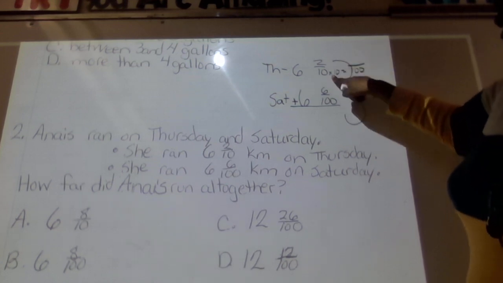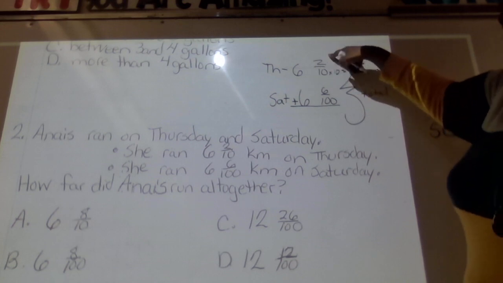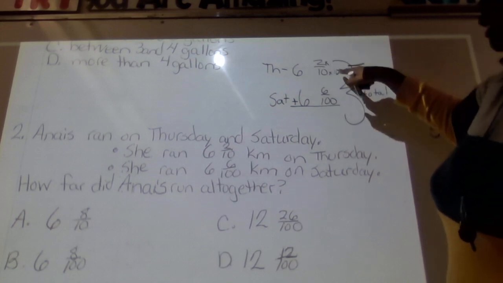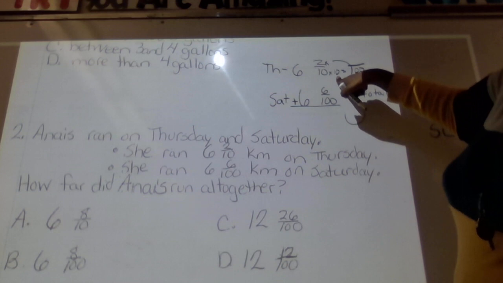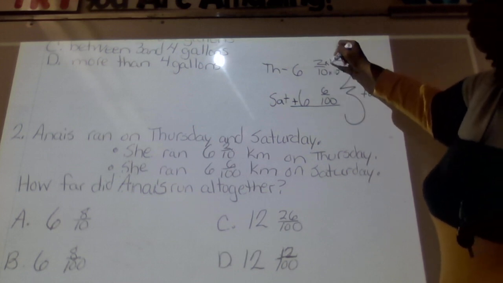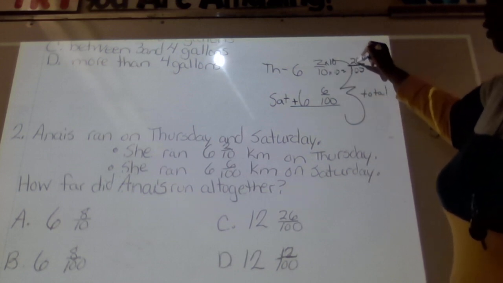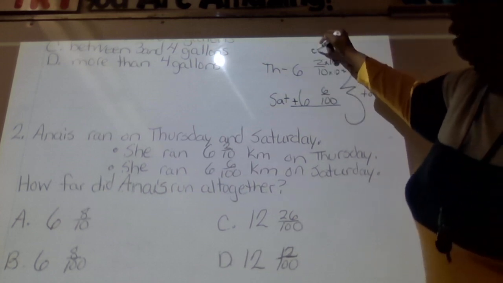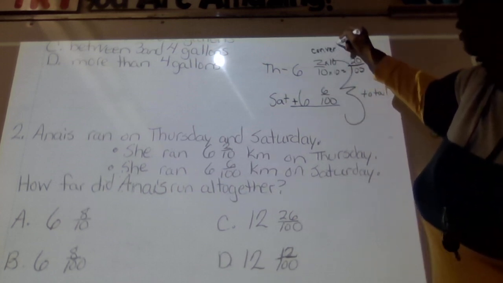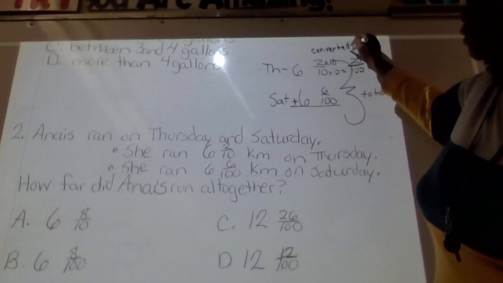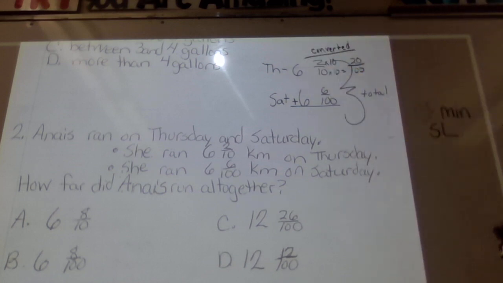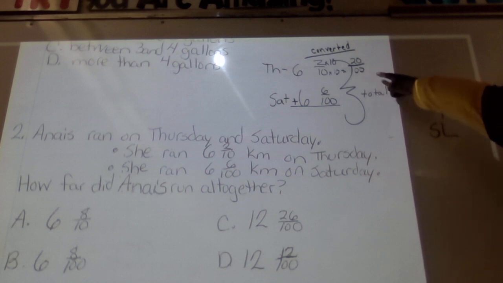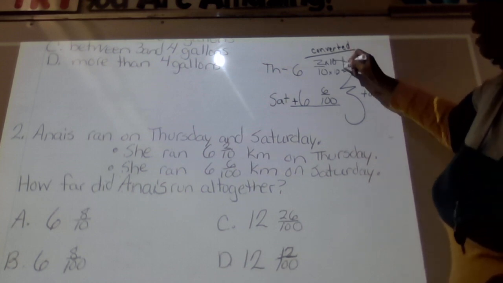Whatever you do to the denominator, you must do the same to the numerator. So up here, if we did times 10 to this denominator, we have to do times 10 to this numerator. And 10 times 2 is 20. So 6 and 2/10 has been converted. That means changed. This is another EOG language they will see. Converted to 20 100ths. Excuse me, 6 and 20 100ths.